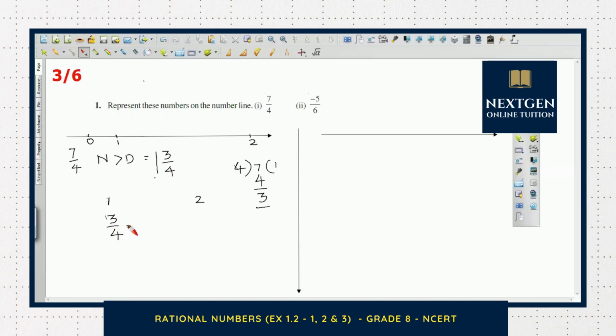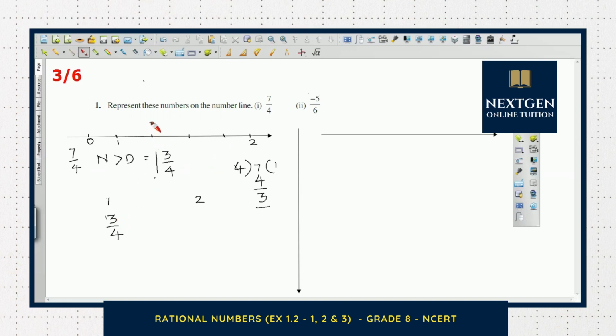First I have to take the denominator part, that is 4. I need to divide this part between 1 and 2 into 4 equal parts. If I mark 3 markings, I get 4 equal subdivisions: 1, 2, 3 and 4.